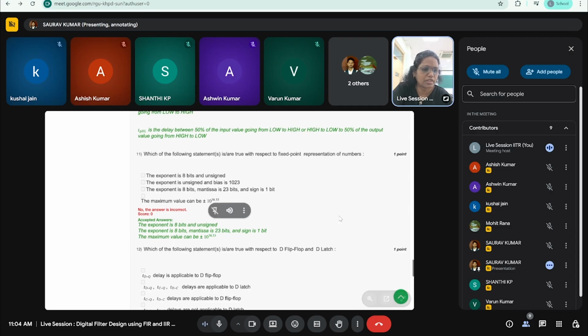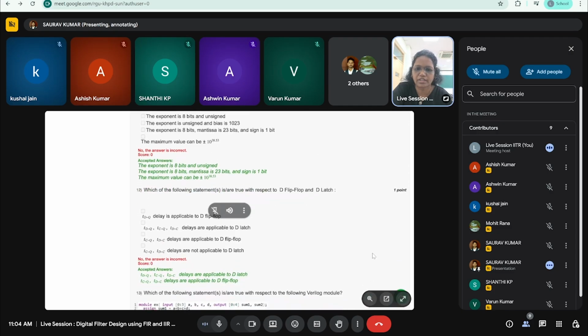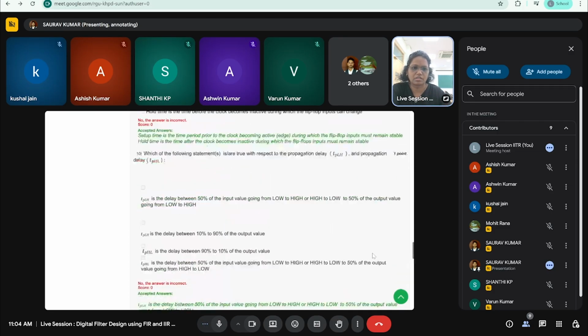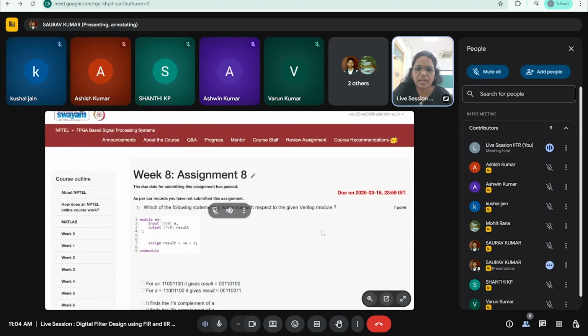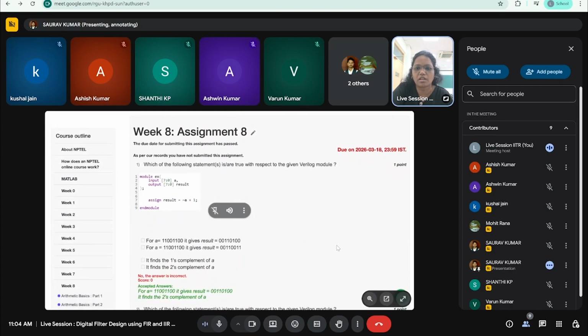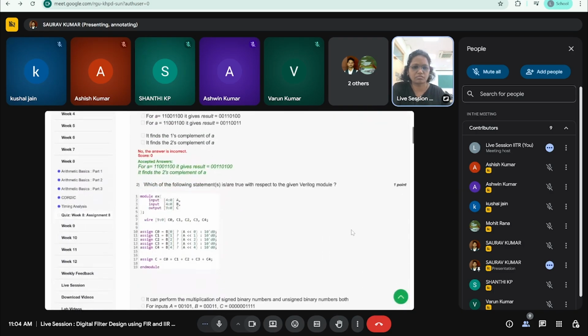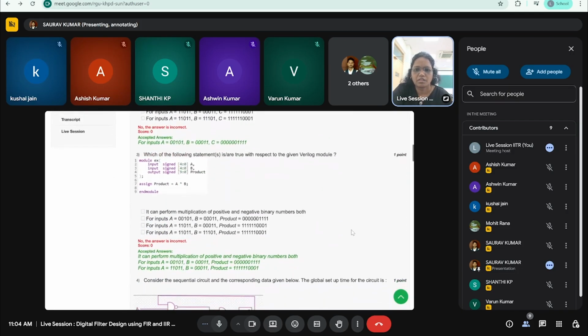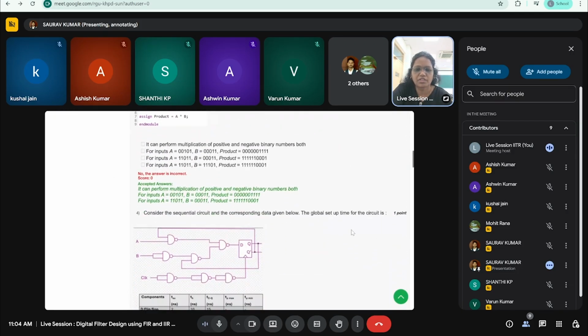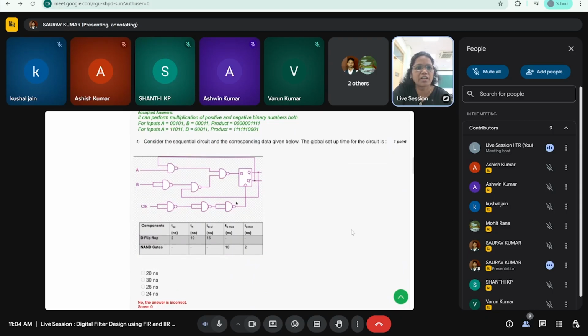So any of you need clarification in any other questions? This week 8 assignment is based on some Verilog modules that have been given. The representation, and then this is based on timing analysis actually.